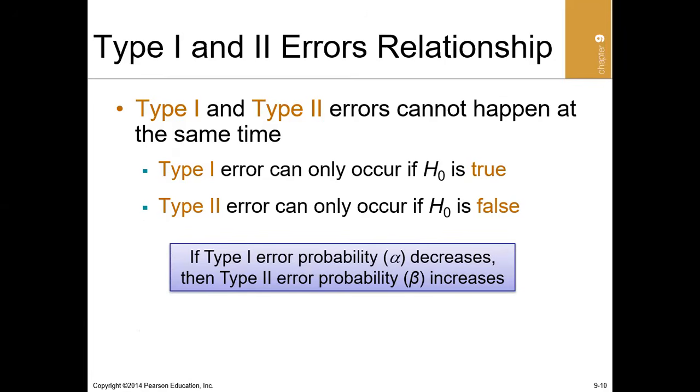Once the null hypothesis is true, it has nothing to do with type 2 error, because type 2 error is committed when we fail to reject a false null hypothesis. That means type 2 error can occur if we have stated a false null hypothesis. Also, if type 1 error probability decreases, type 2 error probability increases, because it's just the opposite side of it.